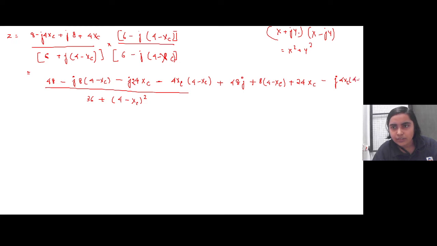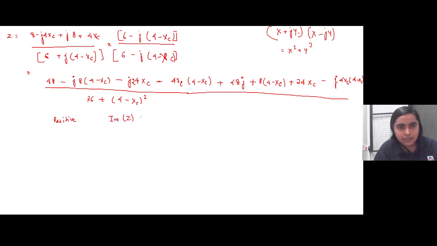Okay, since this is given as a resistive circuit, the imaginary part we just have to get and equate to 0. So let us only take out the imaginary part. We have this j term, this j term, this j, and the last term.